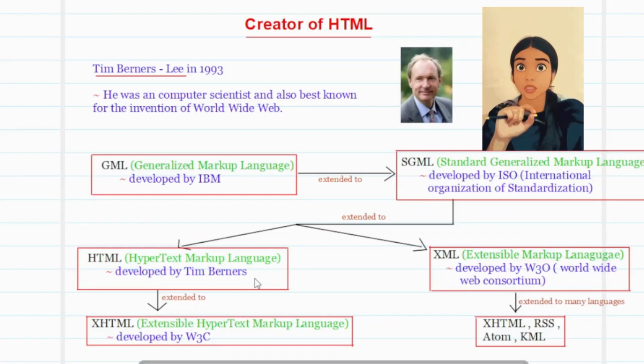It was an advanced version of HTML, developed by W3C, the World Wide Web Consortium. And XML was also extended to RSS, Atom and KML, meaning it is not extended to a single language, it was extended to many languages, okay?